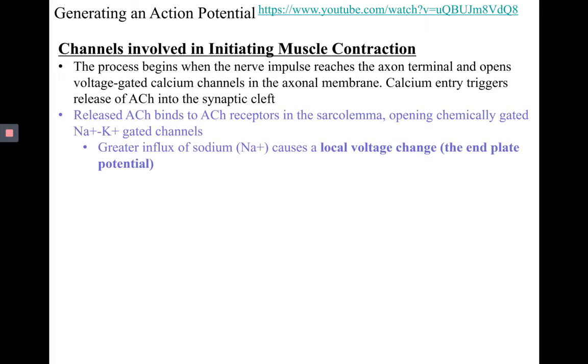We get a greater influx of sodium into the cell than potassium leaving, and this great influx of sodium disrupts the normally negative charge inside the cell, because sodium has a positive charge, and this changes the local voltage difference across the cell membrane, creating a local voltage change called an end-plate potential. At this point, this initiation of the action potential is just happening at the neuromuscular location.